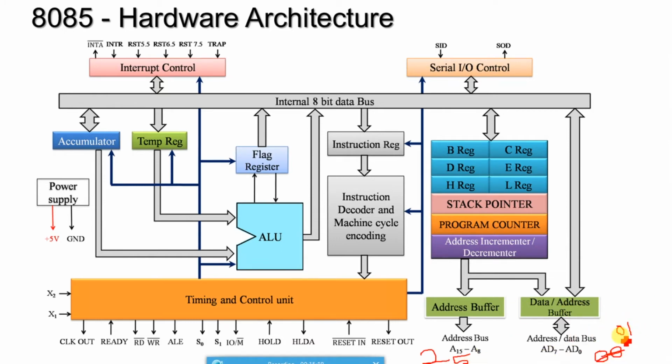Until accessing the location 2501, ALE is 1; after reaching the location, while accessing the data, it goes 0. This is the symbolic representation of accessing opcode and data, address and data. Now the data 05 is coming towards this bus.